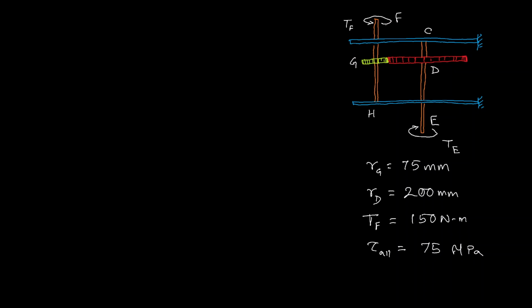A point to be noted here is that only the allowable shear stress is mentioned, so we need to design only with respect to the maximum stress developed. In some cases it will be told that even the deflection, the twist, must not exceed something, so that is designed for deflection or stiffness, and this is designed for stress or strength.